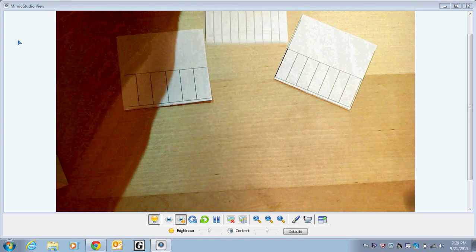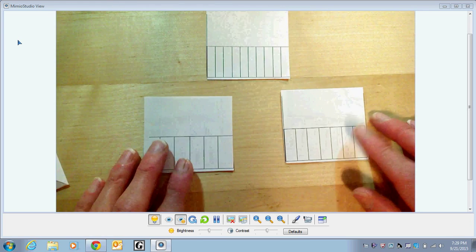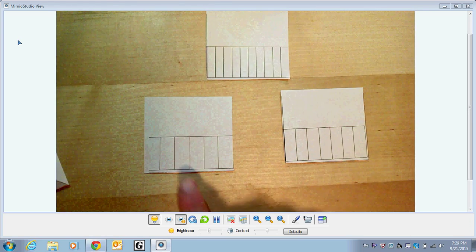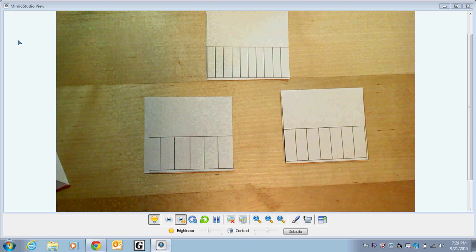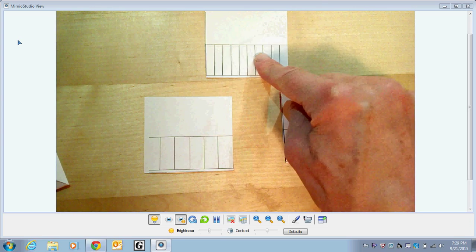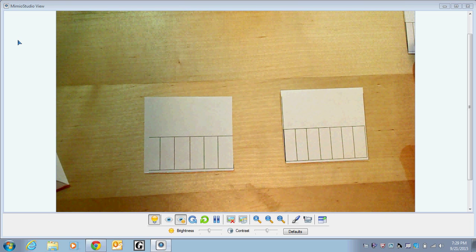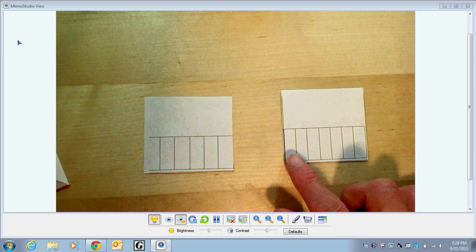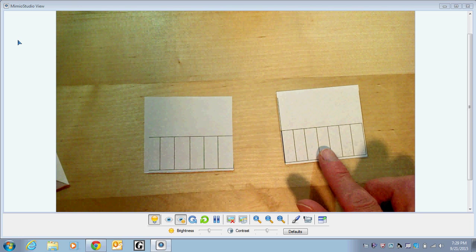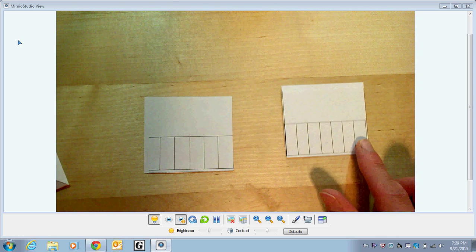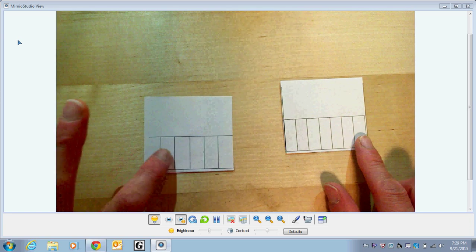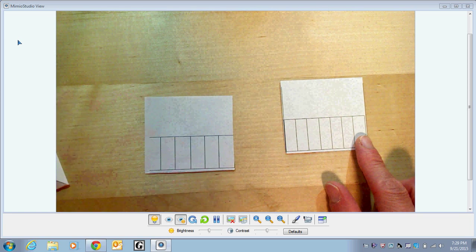If you look at each of these 3 parts, you'll notice that they have different numbers of spaces, and that's for a particular reason. This one here we're going to use last, so I'm just going to put that to the side. It's probably the most complicated of them all. And then, let me see, 1, 2, 3, 4, 5, 6, 7. So this one has 7, and this one has 1, 2, 3, 4, 5, 6.